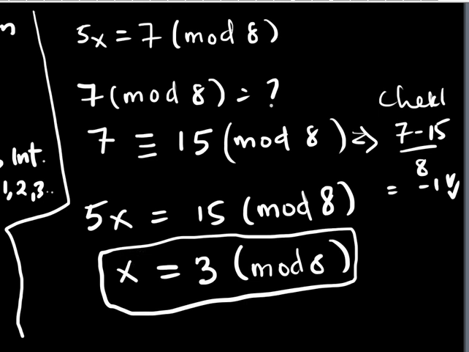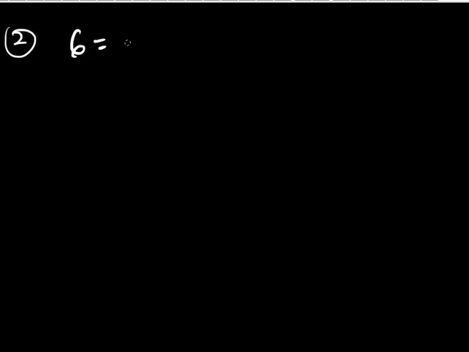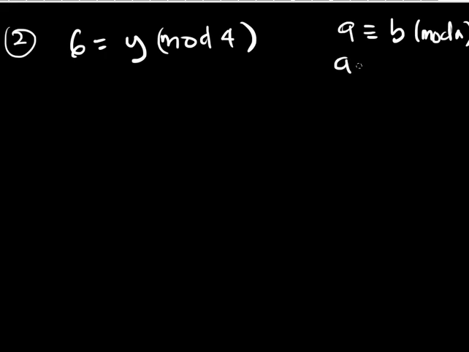Let's look at another question and then we will wrap up for today. This question says 6 is equal to y, mode 4. A neat trick is to apply the rule we used earlier, where a congruent to b mode n means a minus b divided by n must be an integer.